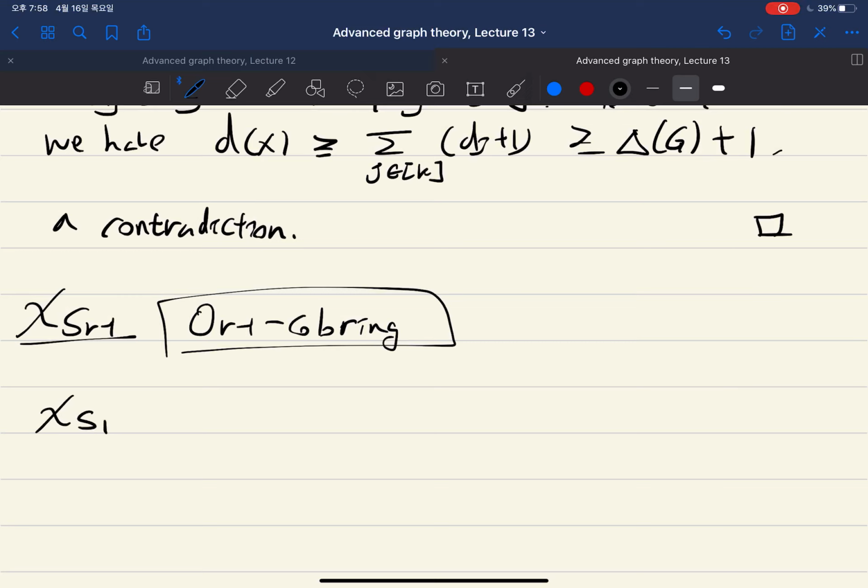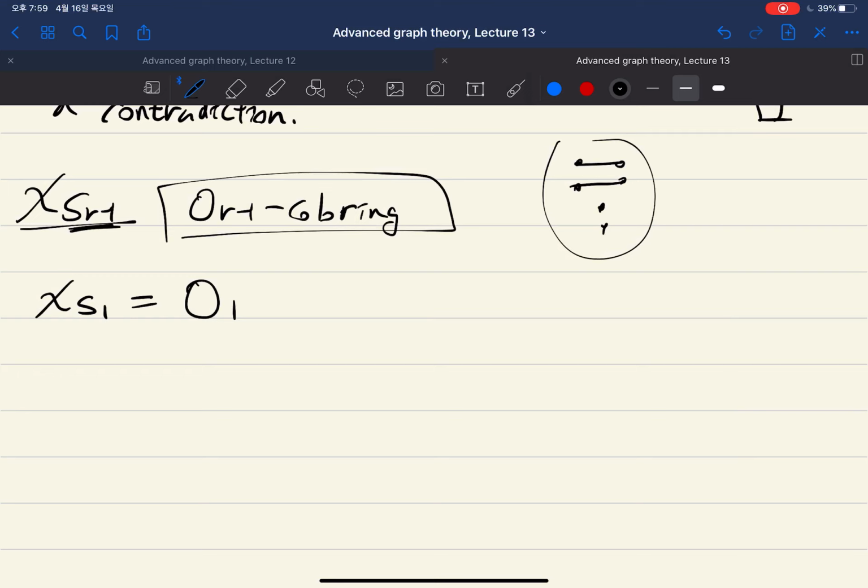Remember that if you consider S_1, that means maximum degree 1, which means matchings and isolated vertices, which is the same as O_1. O_1 means that each component has size at most 2.